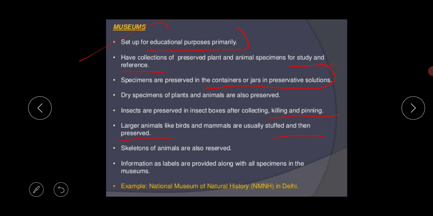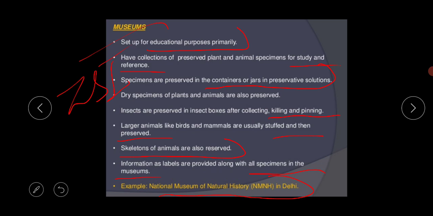Skeletons of animals are also preserved. Information is provided as labels along with all specimens in the museum. Examples are the National Museum of Natural History in Delhi, and also the ZSI, Zoological Survey of India, which is also considered a museum.